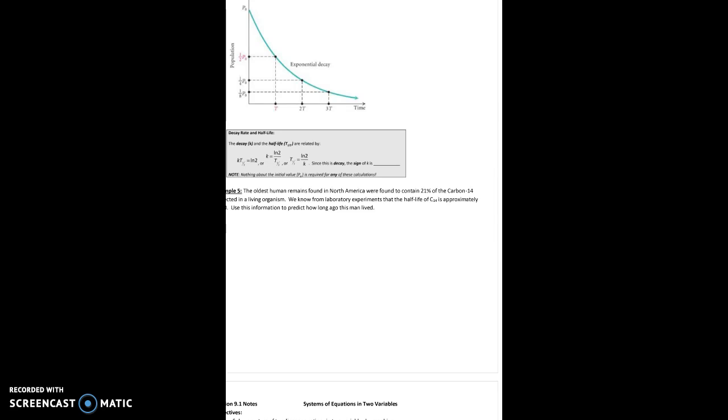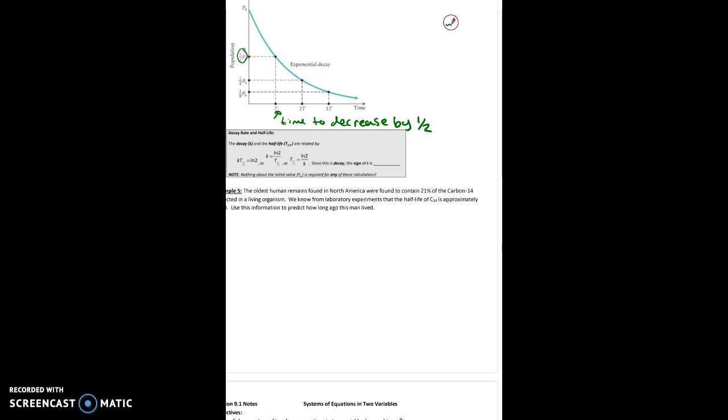So I just wanted to explain this graph to you a little bit. This is a graph of exponential decay in terms of half-lives. We have our initial amount, and then down here we have 1/2 of the initial amount, and that's at time t. So t is the time to decrease by half. And so 2t is the time to decrease by half again, to go from 1/2 to 1/4.